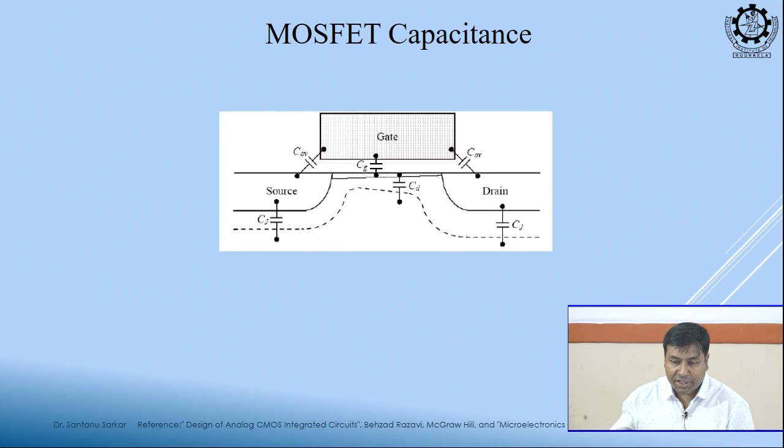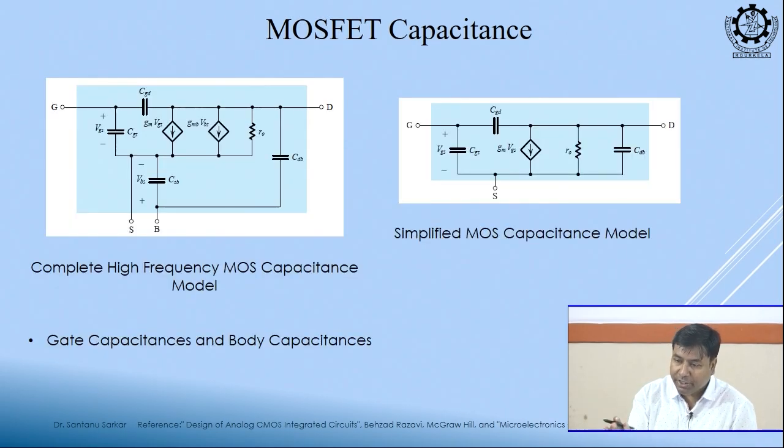So, we have also discussed a little bit about what are the different capacitances, and this is our gate capacitance, this is our diffusion capacitance, this is our overlap capacitance and this is our junction capacitance. So, if we neglect these capacitances, if we keep this open at low frequency, then we get our hybrid pi small signal model, right.